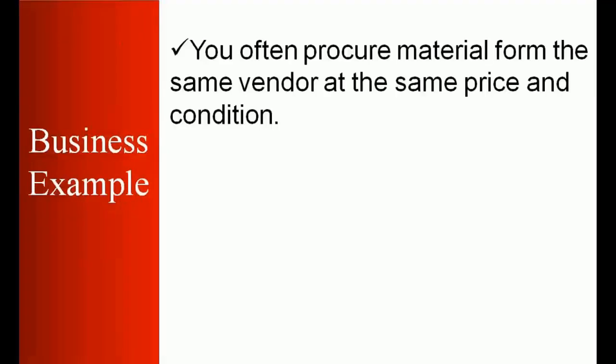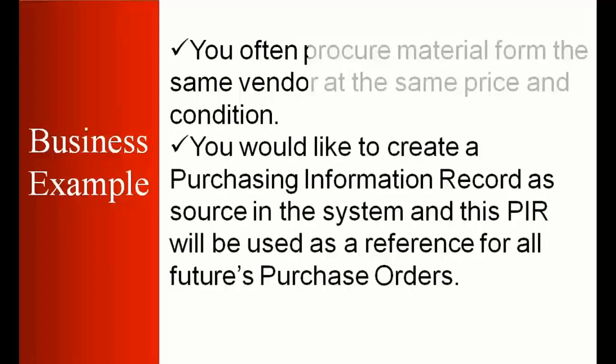First we'll start with a business example where we need this type of record. For example, you often procure material from the same vendor at the same price and condition. In your company, you're buying the same material from the same vendor at the same price, the same discount, and the same delivery time, and you would like to create a purchasing info record as a source in the system.